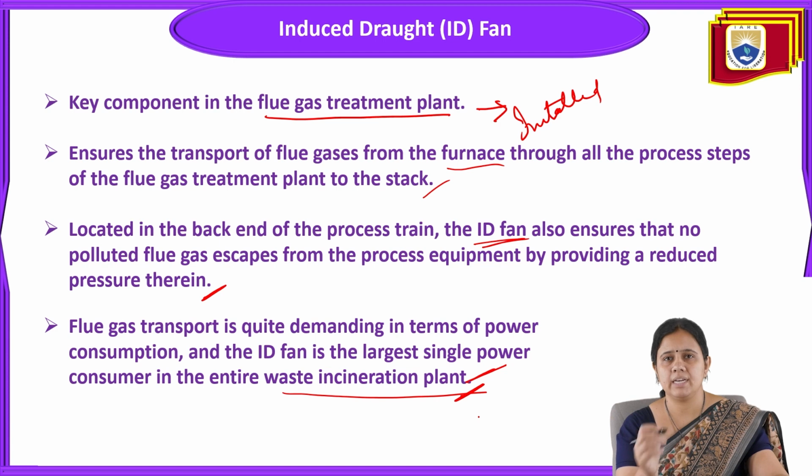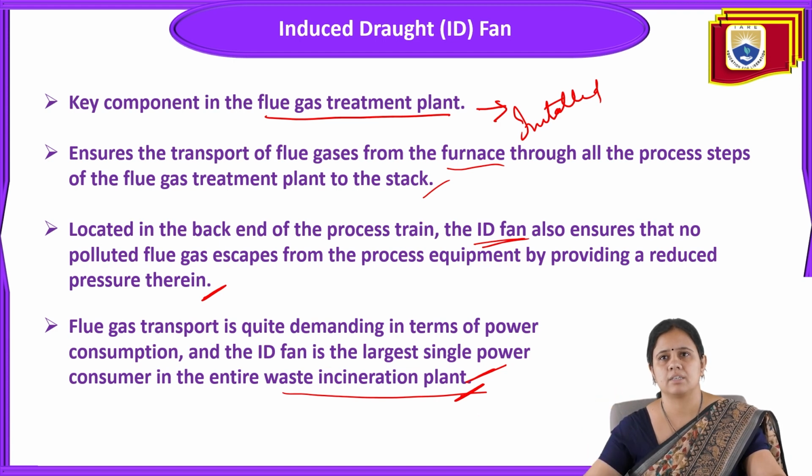This induced draft fan is the main component in the flue gas treatment plant, because it ensures the transport of flue gases from the furnace through all the process steps to the stack.